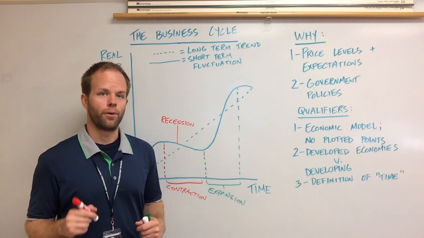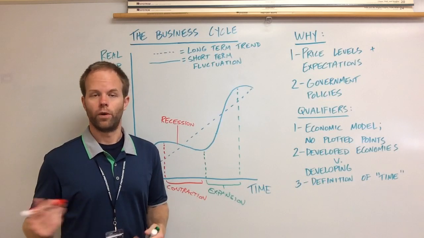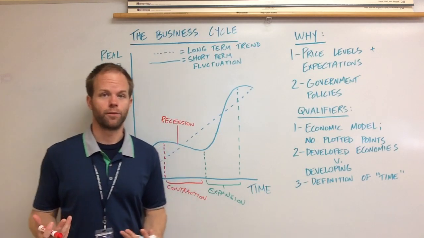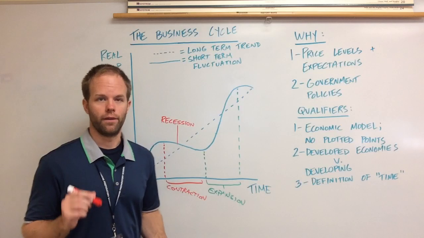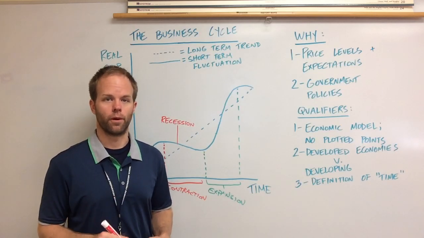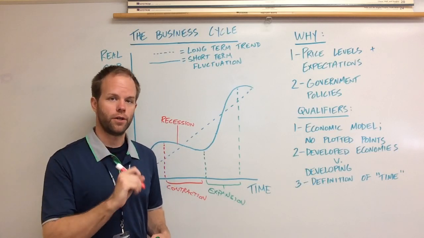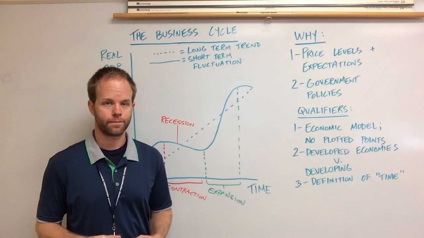Now, it's important to note that people often use the word recession when the economy just isn't going how they would prefer, but the technical definition of a recession is 6 months or more, 2 business quarters or more, of a decrease in GDP.